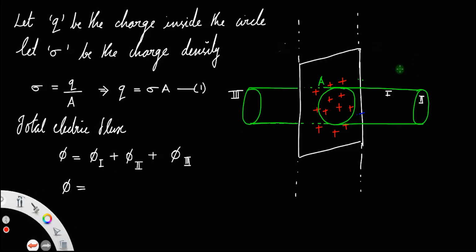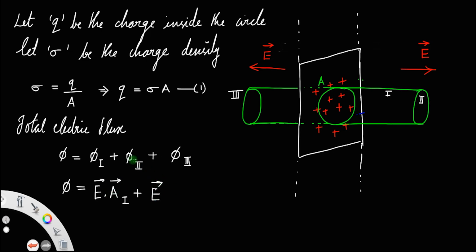We already proved that it will be in the horizontal direction. On the other side, it will be in this direction. Clear? So anyway, it is horizontal. So the flux through the first area, that is this curved surface area, will be E dot A1, where area is a vector.